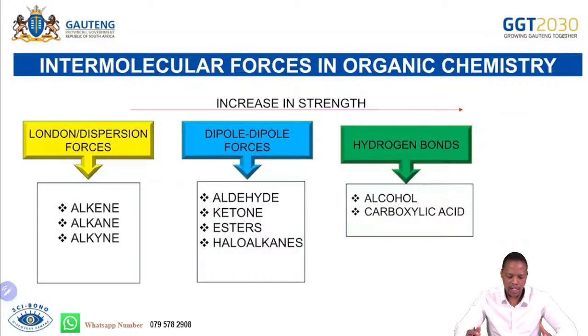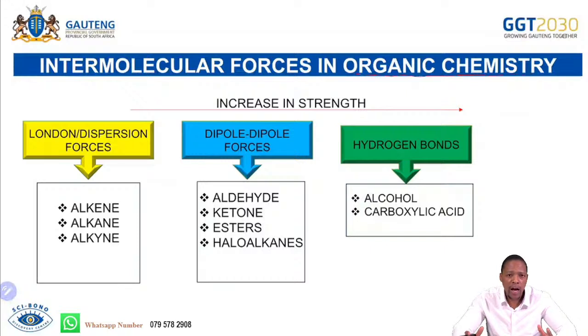What we need to understand is that intermolecular forces are going to be applied in organic chemistry. Simply put, for us they are just going to be applied in our 9 homologous series, because that's where our organic chemistry is going to be centered.